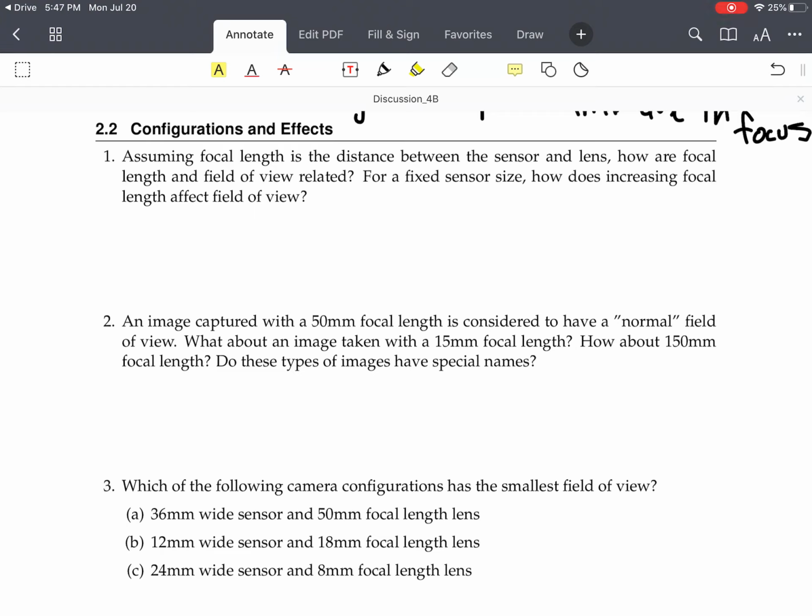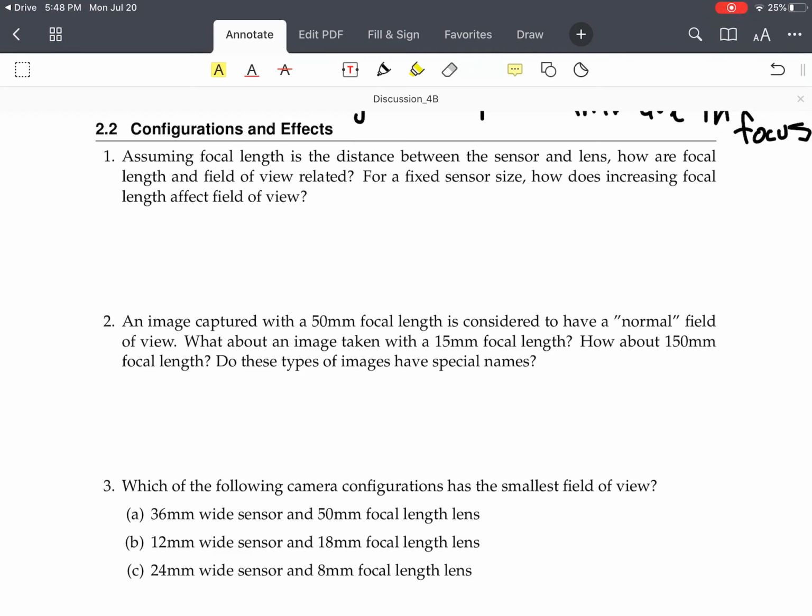Okay, so assuming the focal length is the distance between the sensor and the lens, how are the focal length and field of view related? For a fixed sensor size, how does increasing the focal length affect the field of view? Okay, so let's think about this.